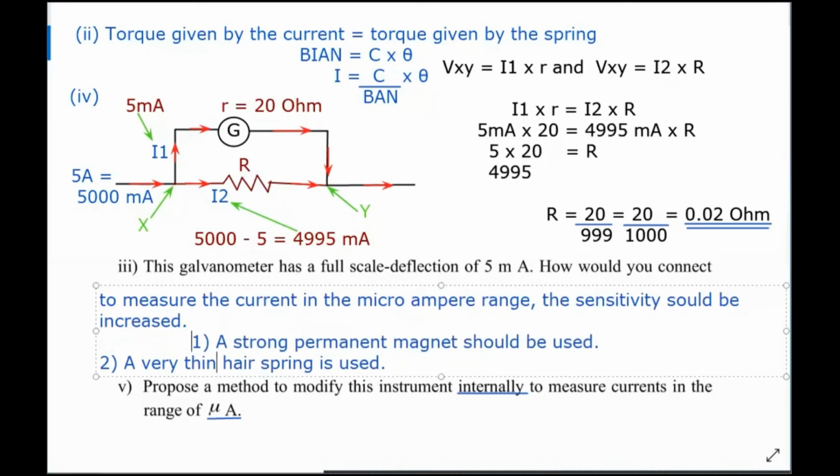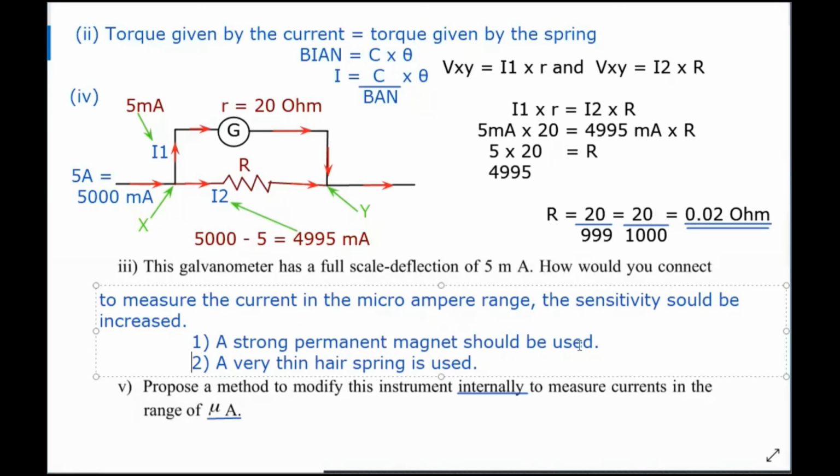A strong permanent magnet is used to increase the magnetic flux density. They ask how you modify internally. So if you say only magnetic flux density is increased, that's not an answer. You should give the method.